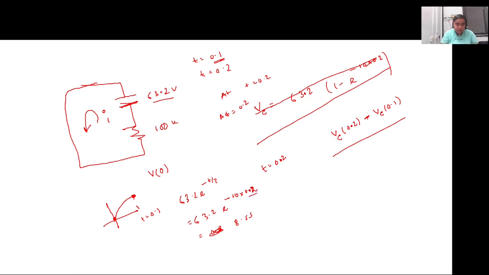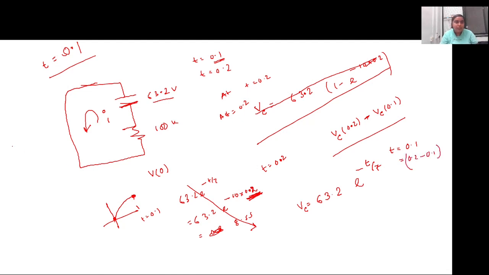Taking this time 0.2 is actually not correct here. Why? Because right now, the initial time t equal to 0 is actually t equal to 0.1, right? So instead, Vc will be equal to 63.2 e to the power minus, this particular t is actually just 0.1 second, that is 0.2 minus 0.1, because it gets only 0.1 second to discharge, not 0.2 second.